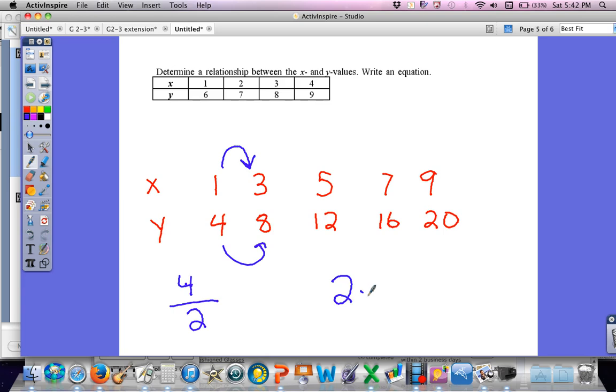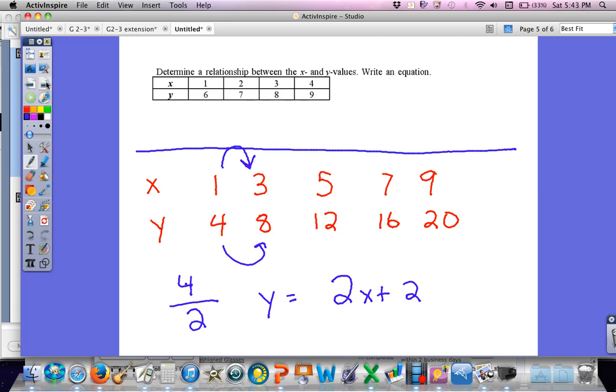My x value is increasing by 2. So 4 divided by 2 is 2, or y equals 2x. Now let's check this. Well, 1 times 2 is not 4. 1 times 2 is 2. I would have to add another 2 to get to 4. And 3 times 2 is not 8, it's 6, but if I add another 2, I get to 8.